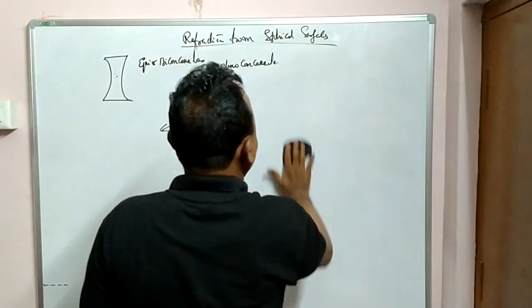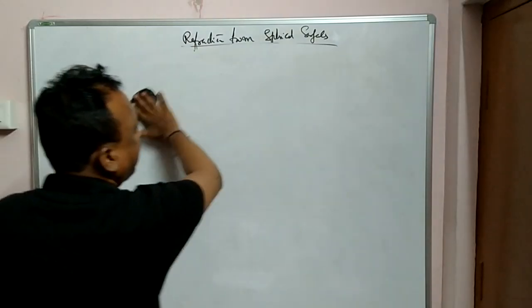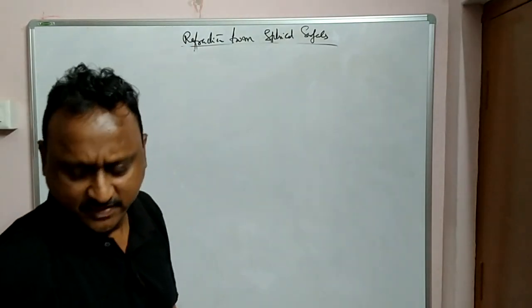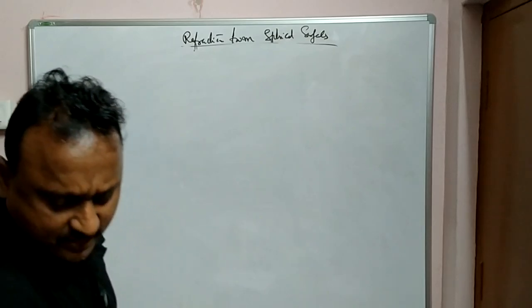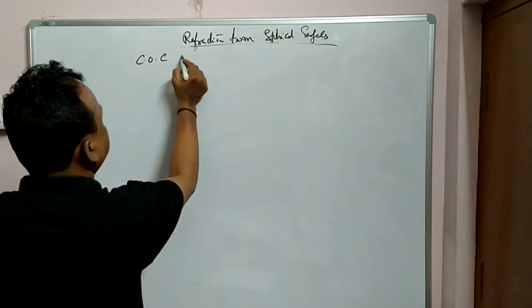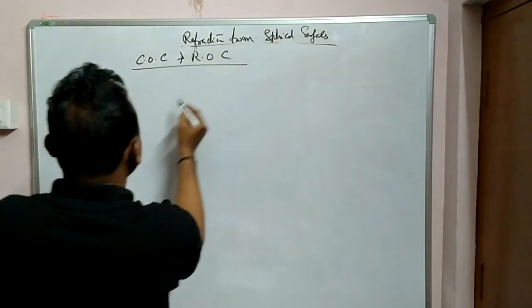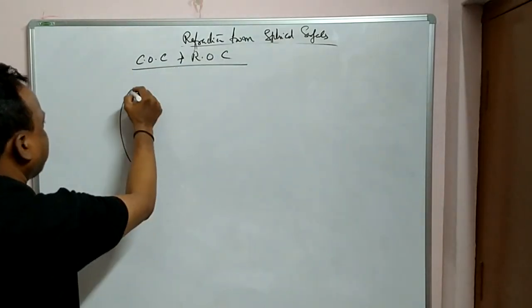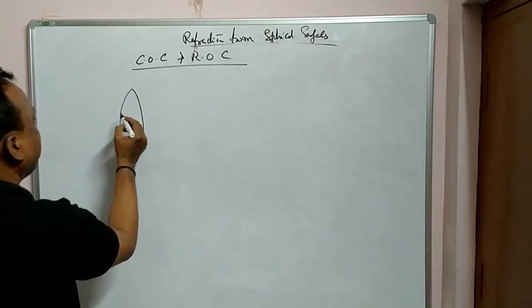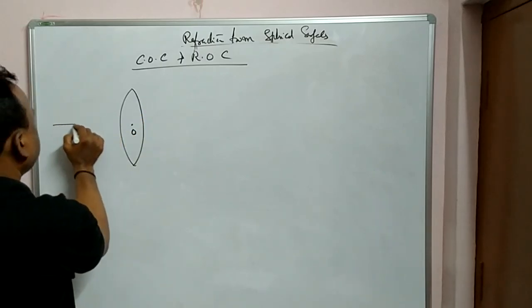Now another important point in lenses is how to know about the center of curvature and radius of curvature for convex and concave lenses. For example, if you take an equiconvex lens, this is the optic center, this is an imaginary line.